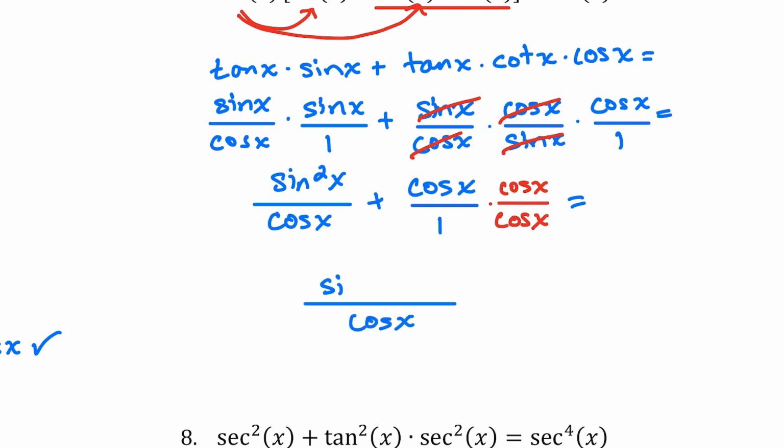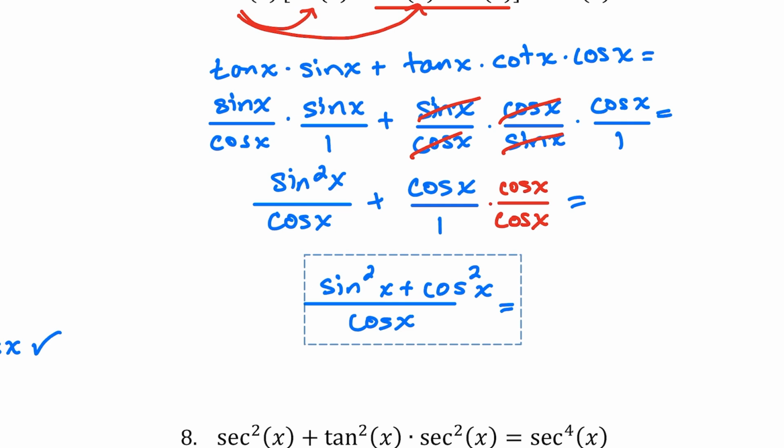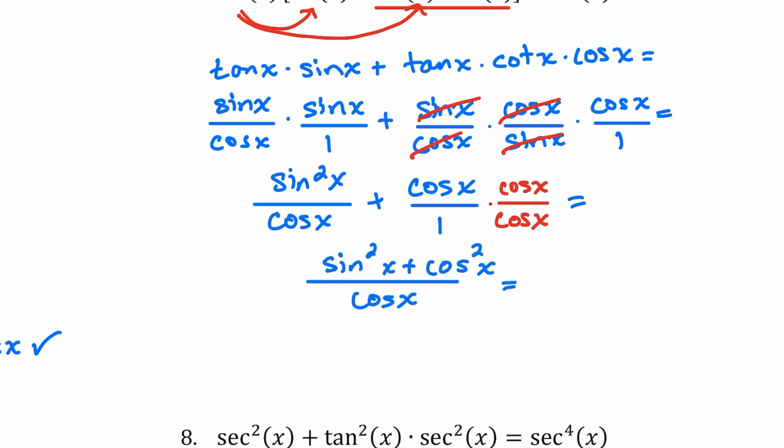The top ends up being sine squared of x plus cosine squared of x. And you're going to see me move this up a little bit because I'm running out of room. But something that you learned today is what sine squared plus cosine squared is equal to. It's 1. So we're left with 1 over cosine, which is the same thing as secant, which is the right-hand side.